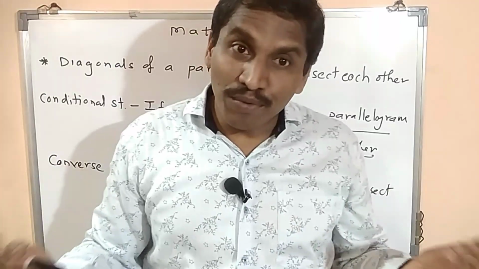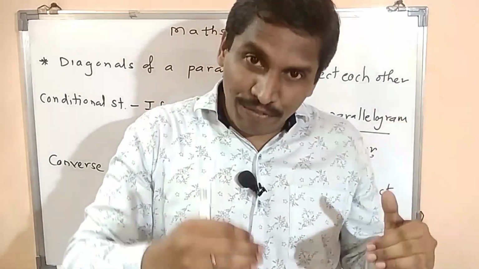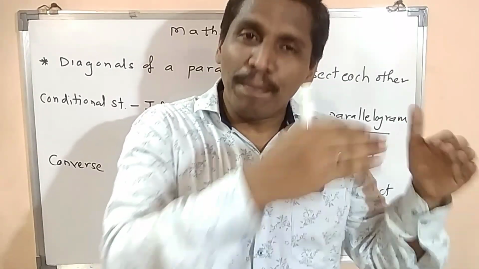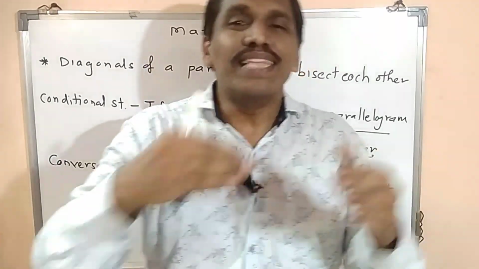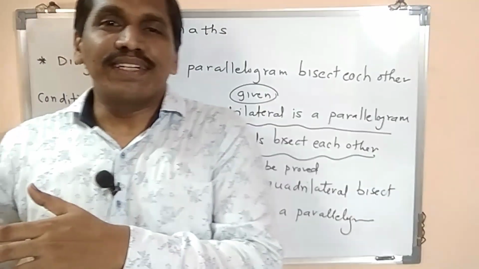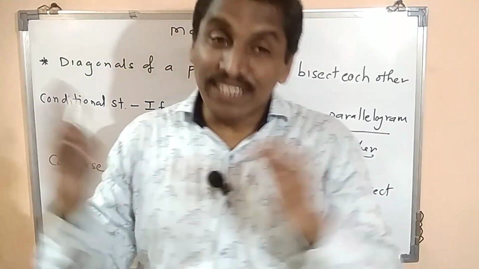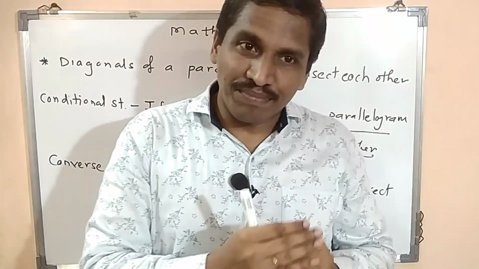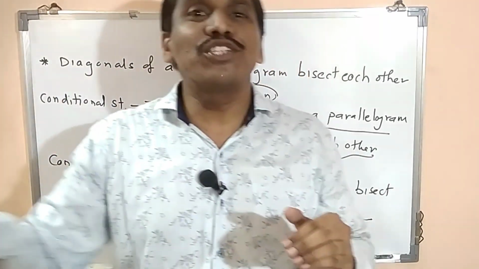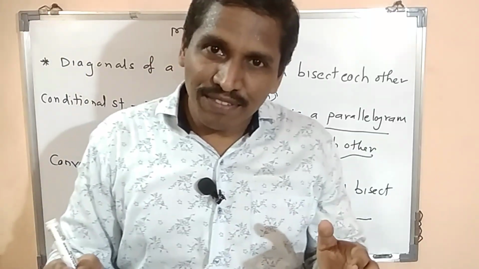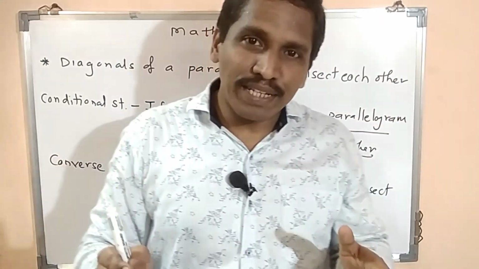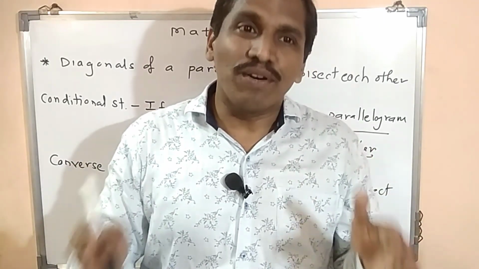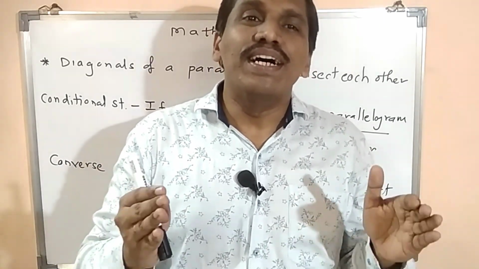How will we write converse of this? If diagonals of quadrilateral are perpendicular to each other, then that quadrilateral is a kite. Here, conditional statement is true, but its converse is not true, because even if the diagonals are perpendicular to each other, it is not like that quadrilateral is kite.